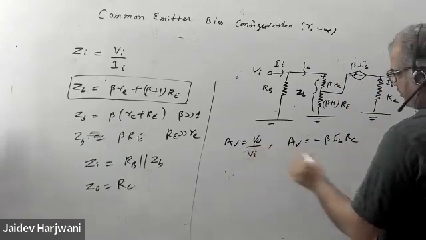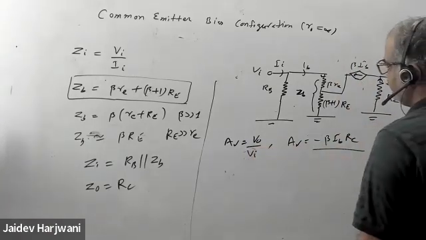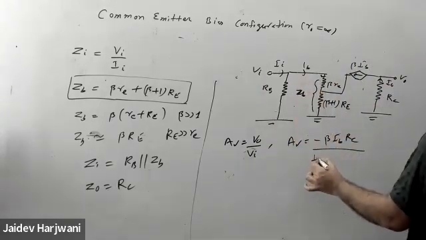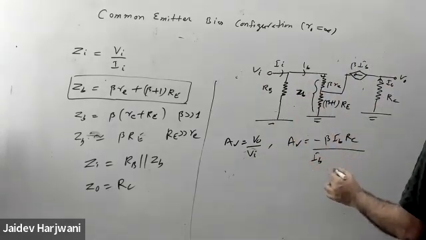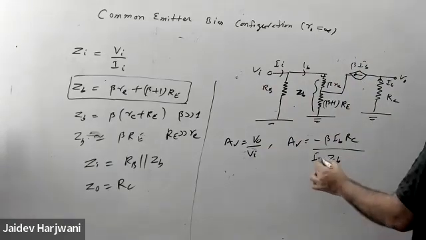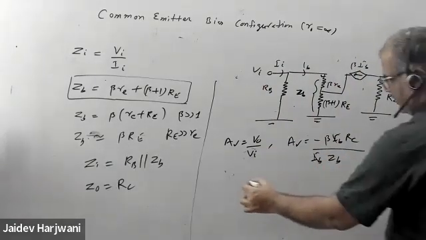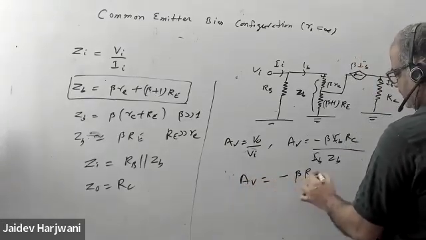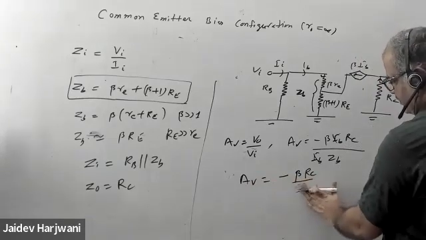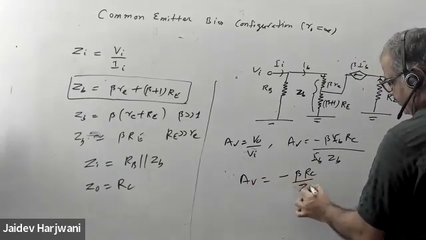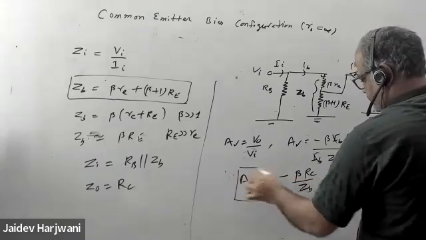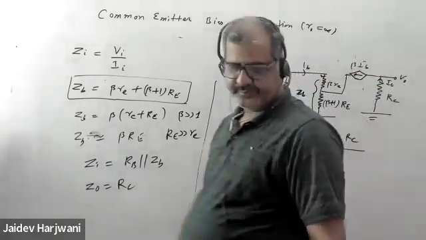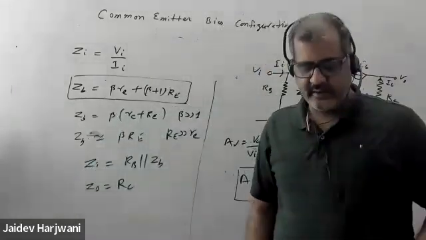And V input we have just seen. What was V input? V input is IB into ZB. So IB cancels, and your voltage gain is minus beta RC upon ZB. This is my gain formula. यहां तक कोई डाउट है क्या?